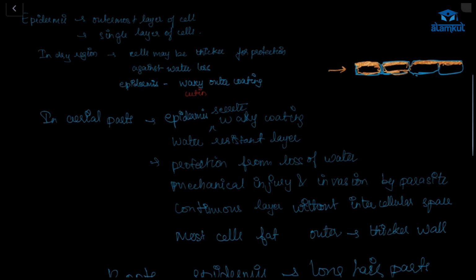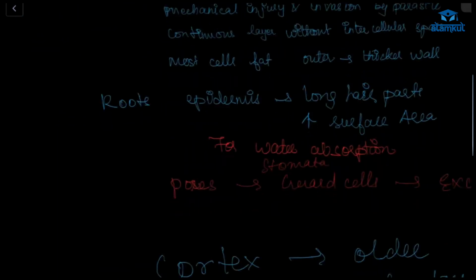And in the roots, they will contain long hair-like structures, which will increase the surface area of the epidermis and help in the absorption of water. All these things only I was asking.